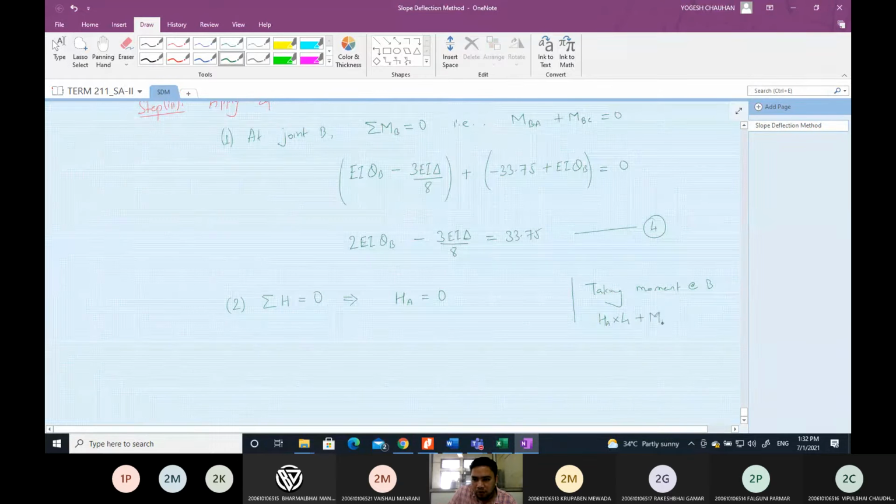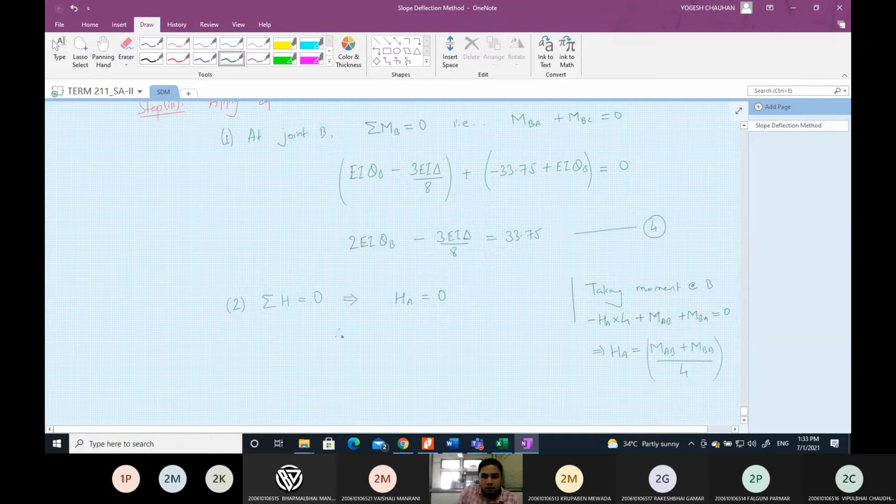So this implies HA equals MAB plus MBA divided by 4.